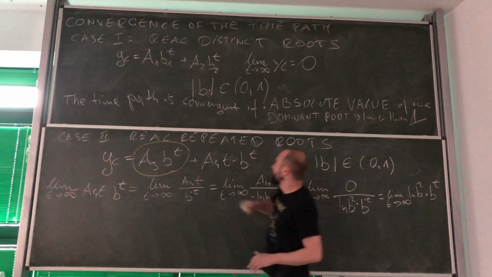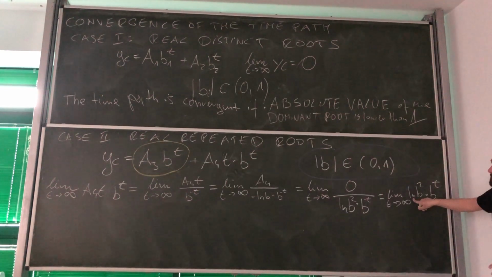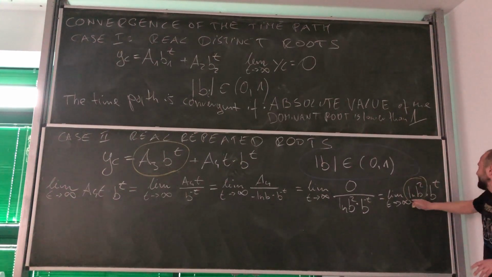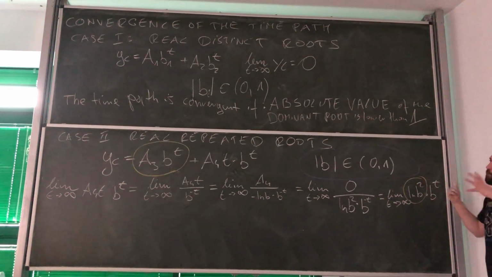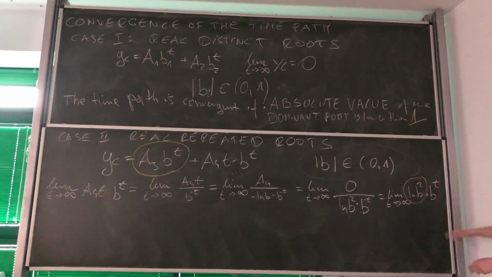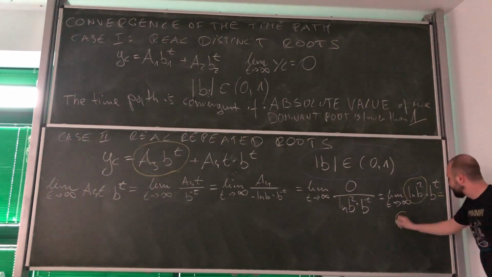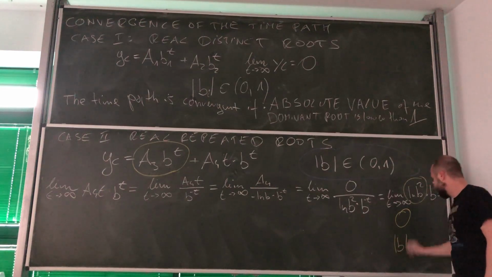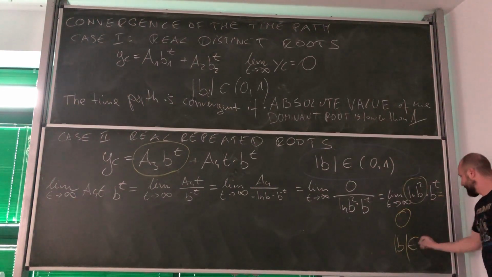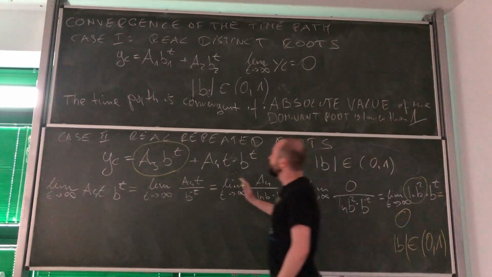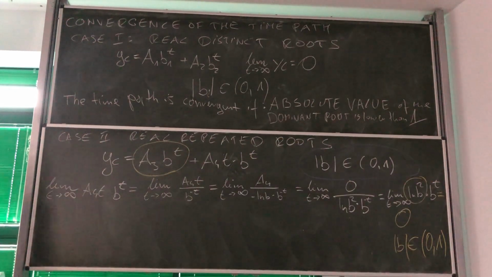We've ended up with exactly the same expression. We've got a constant over here, a3, and this constant over here is ln b squared. But of course, the properties are the same. Constants do not affect the value of the limit. However, this is going to be equal to 0 if and only if the absolute value of b is somewhere between 0 and 1.